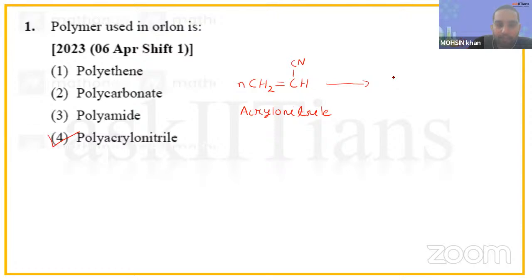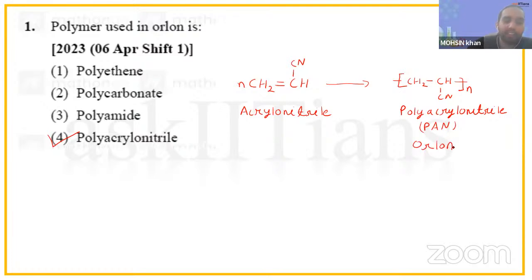When we do the polymerization, we will get CH2-CH(CN), and this is known as polyacrylonitrile. In short, we call it PAN, and the other name of this compound is Orlon. So the correct answer is option 4, Orlon.